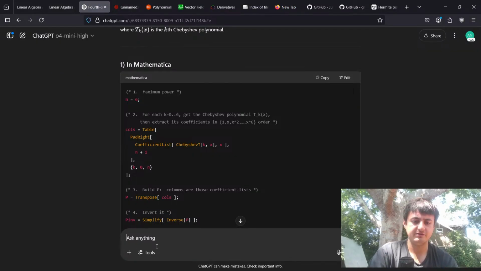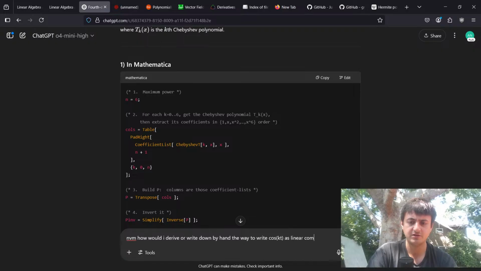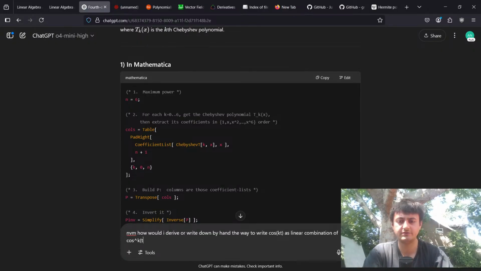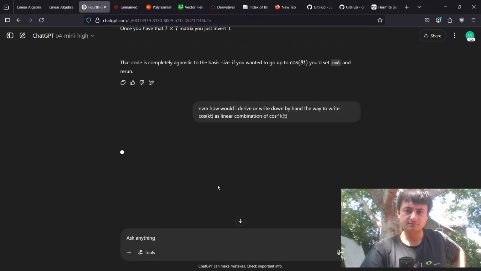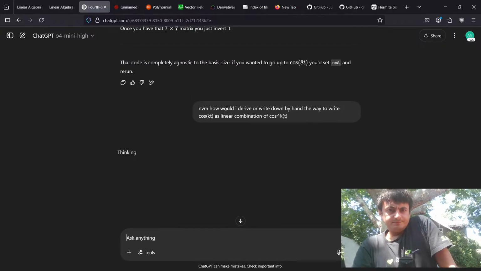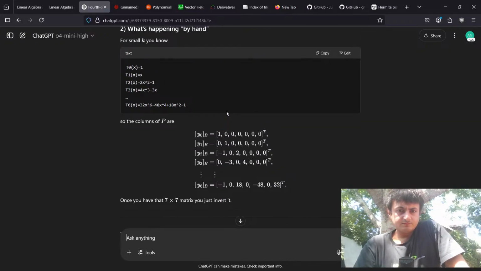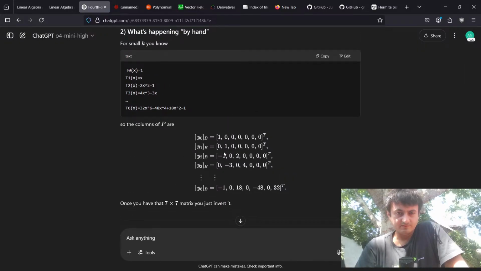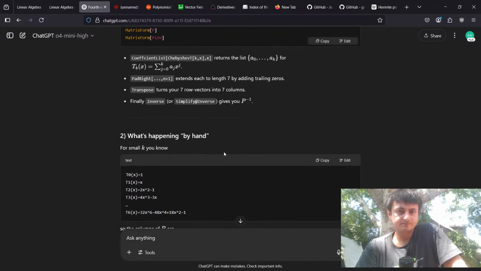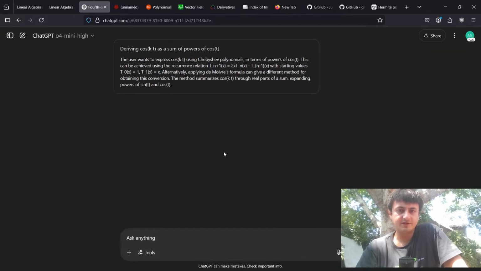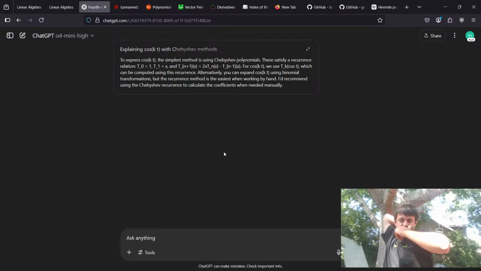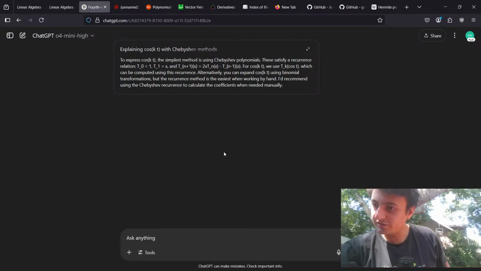Like, okay, how would I derive or write down by hand the way to write cos kt as a linear combination of cos to kt? It's pretty cool.